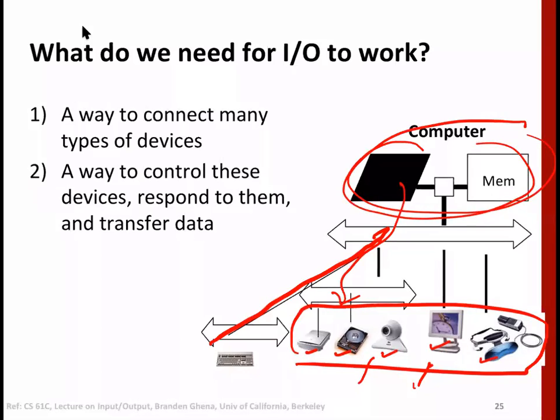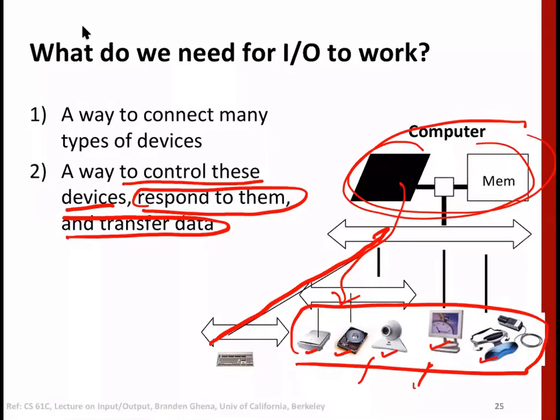And if the printer says paper jam, that message should come to me on the screen, so the device should be able to communicate control messages. And of course there should be the ability to transfer data. Whatever I'm printing should go to the printer.